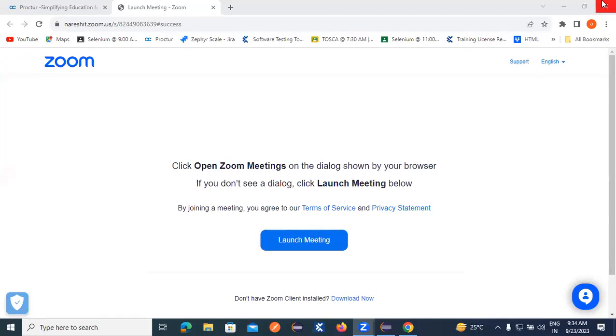Every team having different types of repositories. Dev team is separate, testing team is separate. Every team having different types of repository.